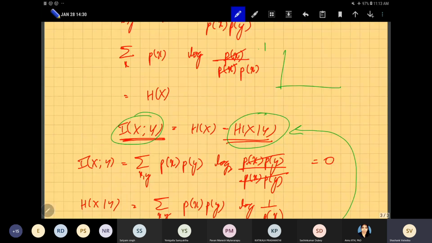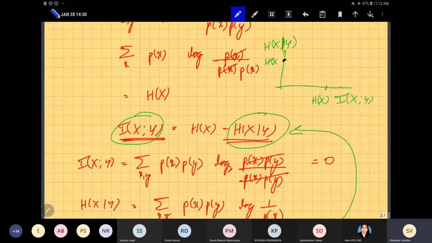So if you have H of x and I of xy, then the maximum value, we will formally prove this later, that the mutual information can take is equal to H of x. The maximum value of H of x given y is also equal to H of x. When I of xy is equal to 0, H of x given y is equal to H of x.